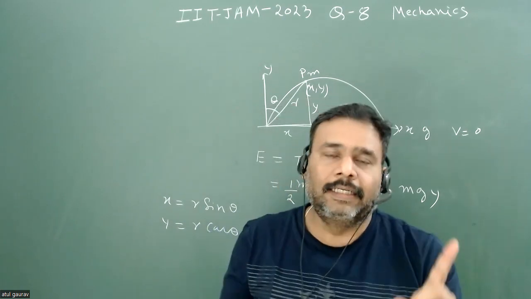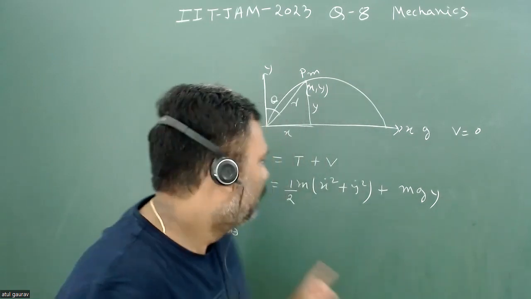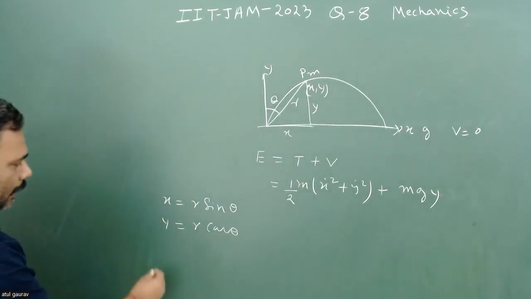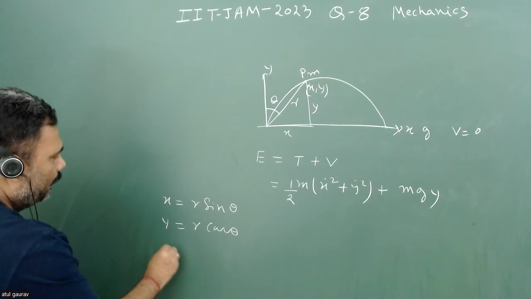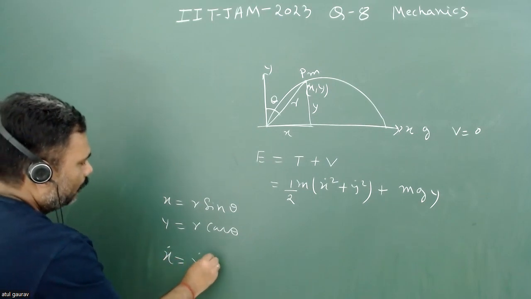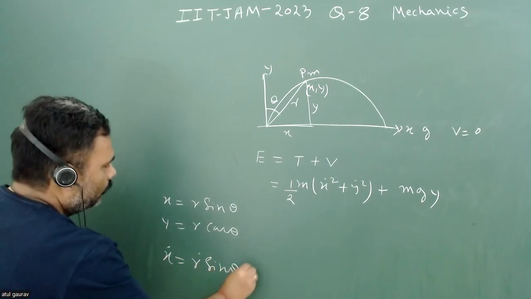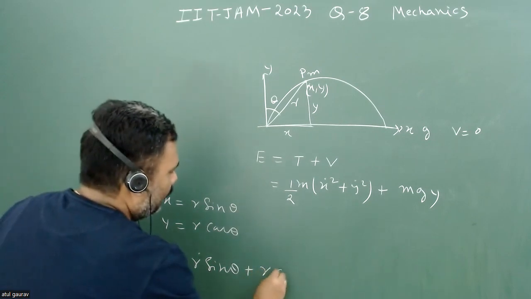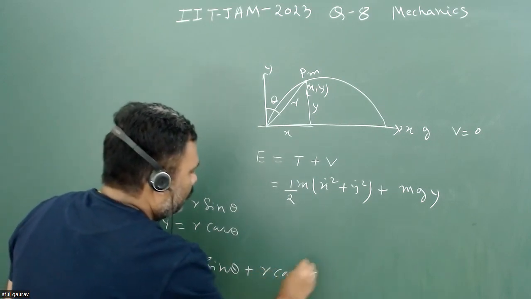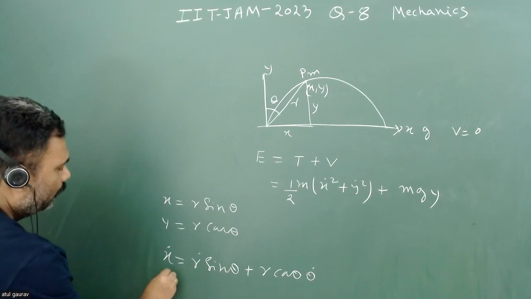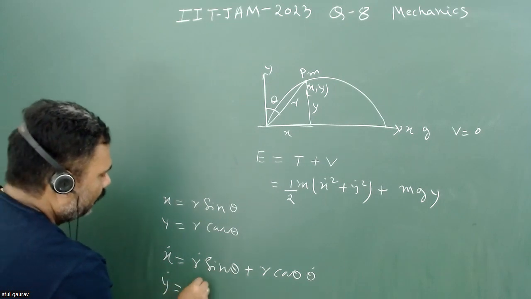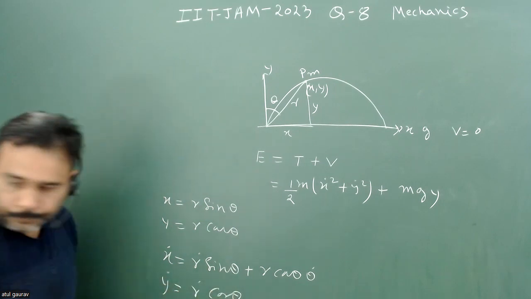But here, theta is given with the y-axis. So from here, we can find x dot is equal to r dot sin theta plus r cos theta theta dot, and y dot is equal to r dot cos theta.